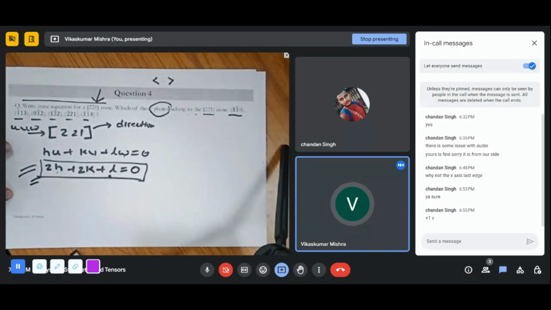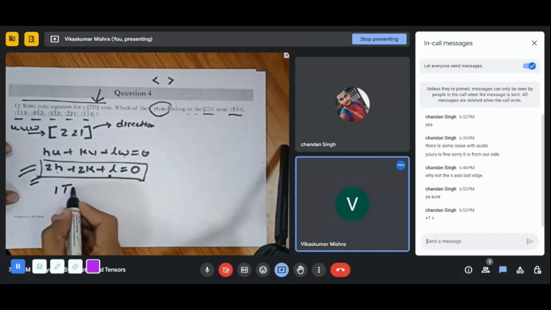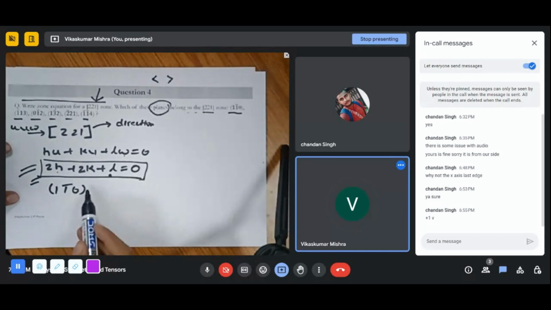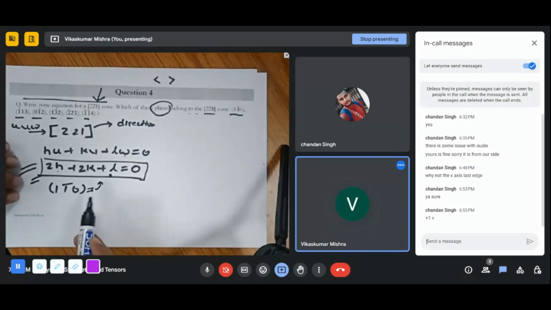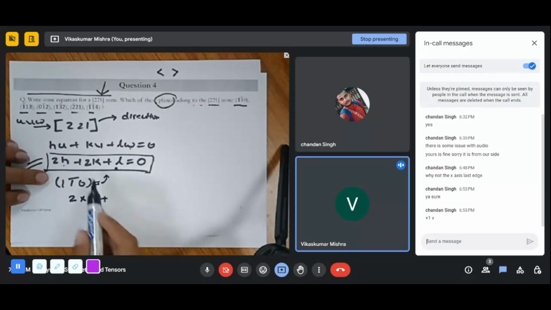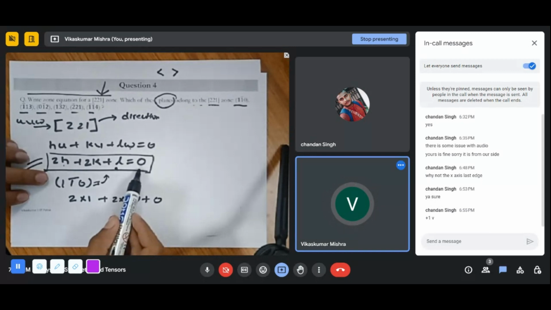So all we need to do is select the first one, 1 bar 0 plane, and substitute this HKL in the zone equation. Let's do it. H is 1, so 2 times 1, plus 2 times minus 1, plus L, which is 0. Whether it is equal to 0 or not is what we need to find.